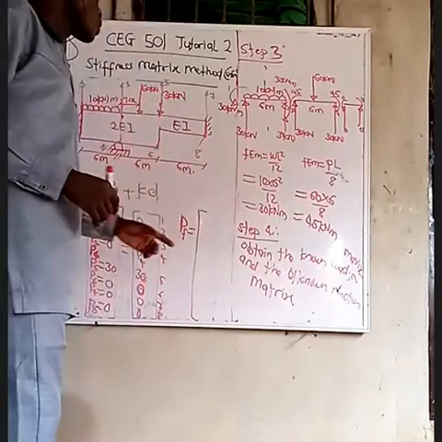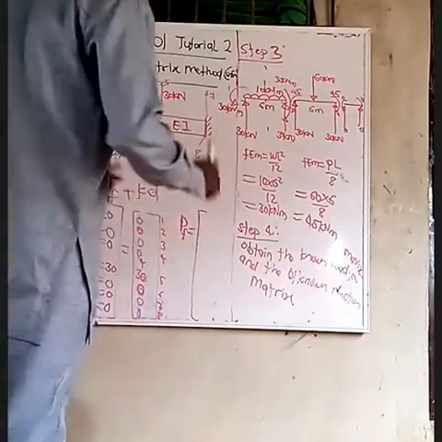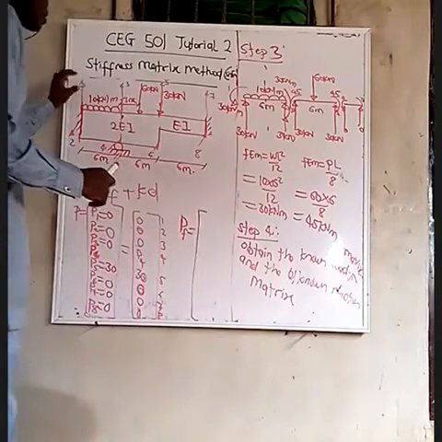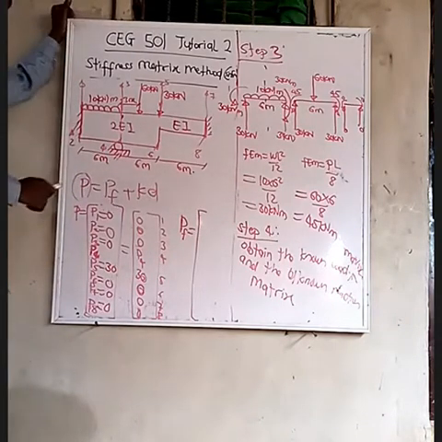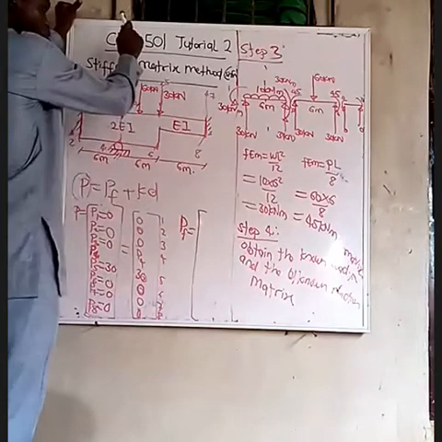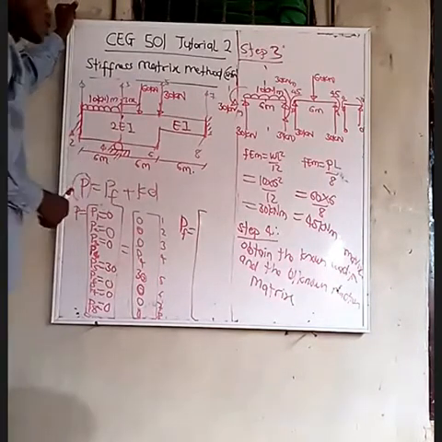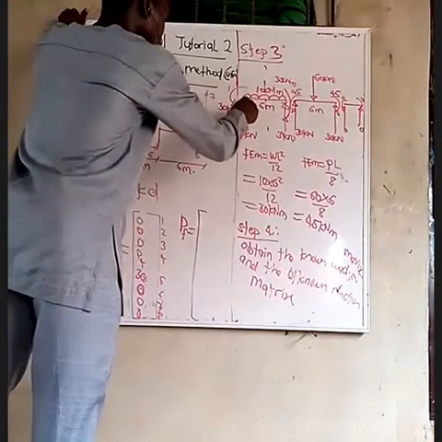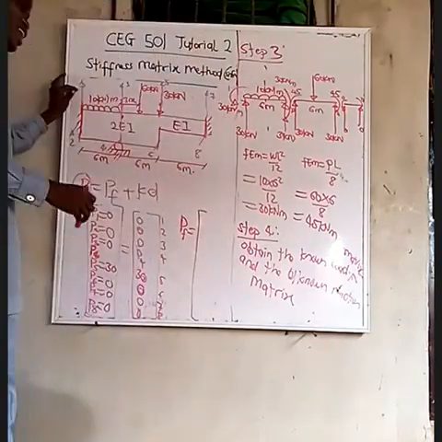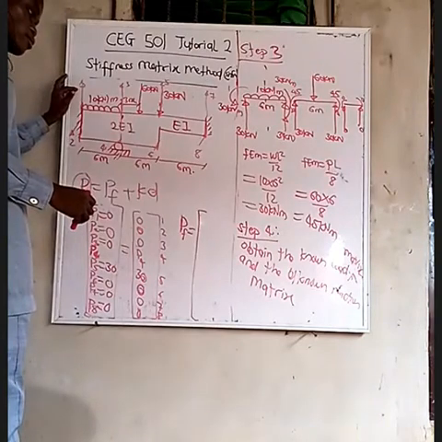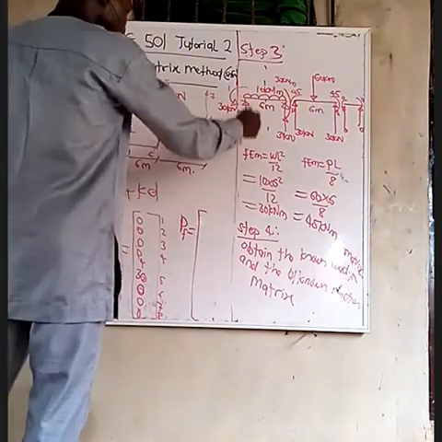That's when this one comes into the picture. Don't forget, 1 is representing reaction, 2 is representing moment, 3 is representing reaction, 4 is representing moment, like that. So now, if we come to this end, 30 kilonewton will be representing 1. Is that clear?